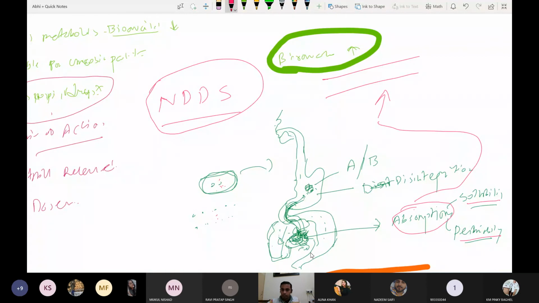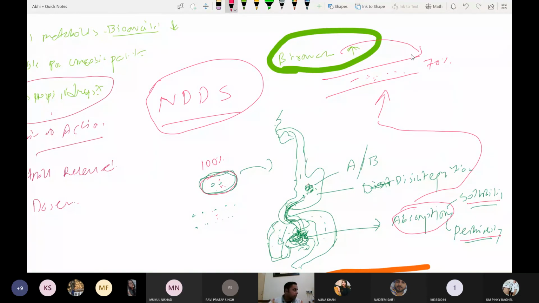Some part will be removed, it will not be able to get absorbed. So if you take 100 amount of the drug, and if 70% of the drug actually remains in your blood vessels, you may call the bioavailability 70%.